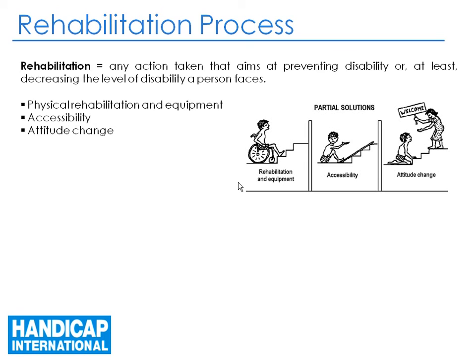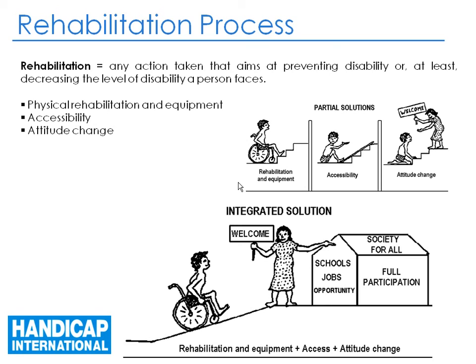The problem is that if we do only one of those, we still don't reach accessibility or participation or inclusion in the society. We can provide rehabilitation equipment, but if we don't do accessibility, the child still doesn't reach the house. We can do accessibility, but without a wheelchair, still doesn't reach all the opportunities, and same for the attitude change. So the best is to try and do an integrated solution where we address all three problems.